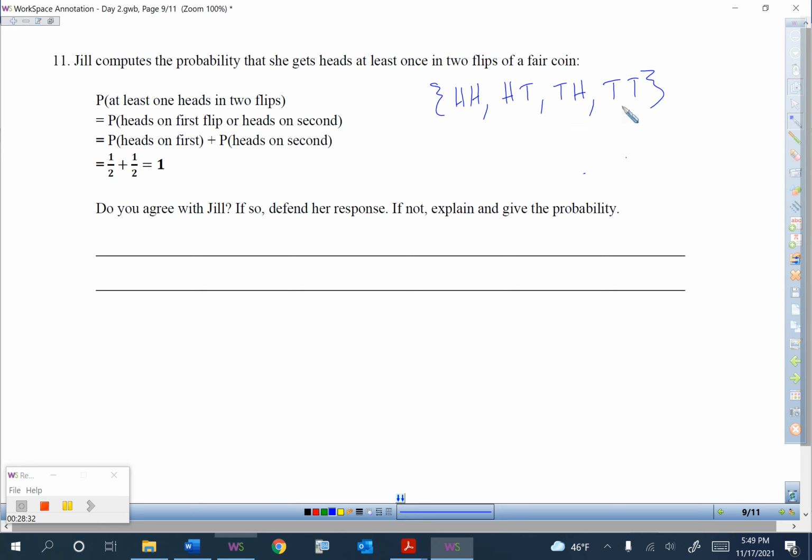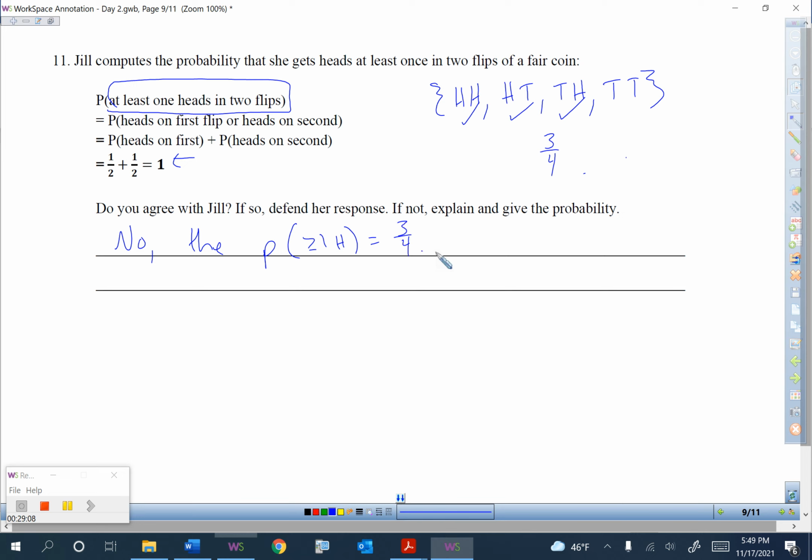I like to list and count, so if we're just looking at our sample space, not trying to do any fraction math, 1 or more heads would show up here, here, and here, but it would not work here, which means 3 out of the 4 work, which means Jill is wrong. The probability of at least 1 head is actually 3 over 4.